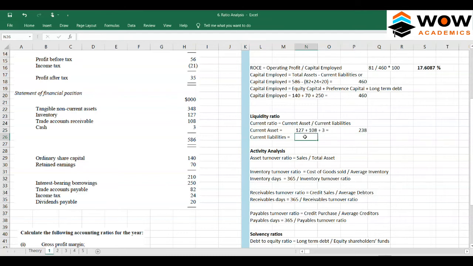And current liabilities is going to include, I think we have already found out current liabilities here, so we'll take the number from there. So we got the current assets and current liabilities. We'll work out the formula: 238 divided by 126.